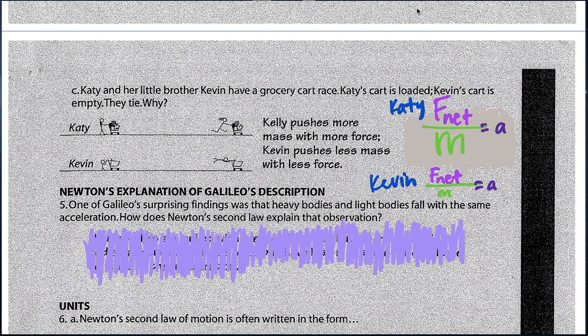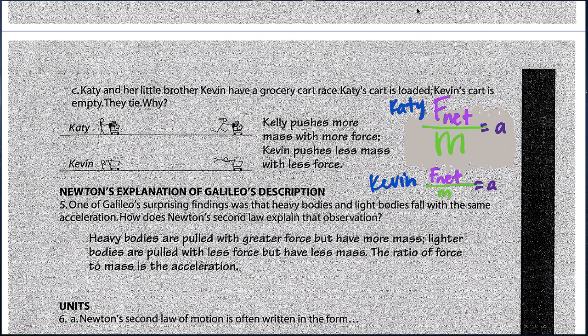Okay? So that brings us to number 5. Galileo was famous for figuring out that all things accelerate at the same rate on the Earth, that heavy and light things fall at the same rate. And so we can explain that with this. It's just like Katie and Kevin.